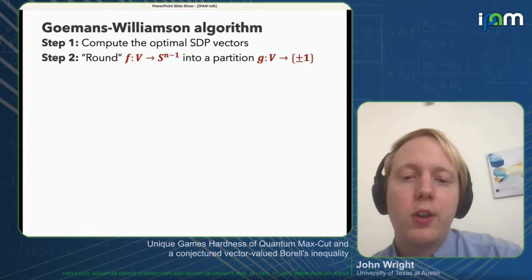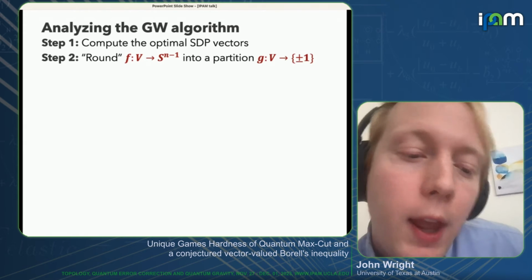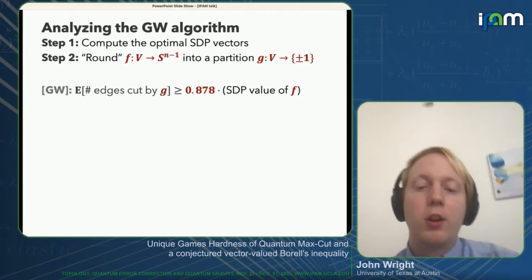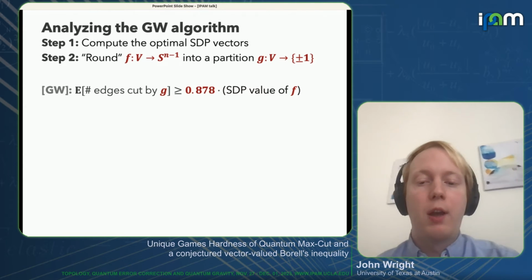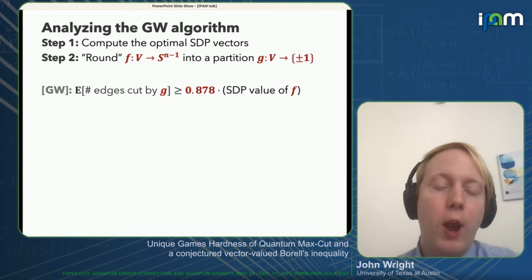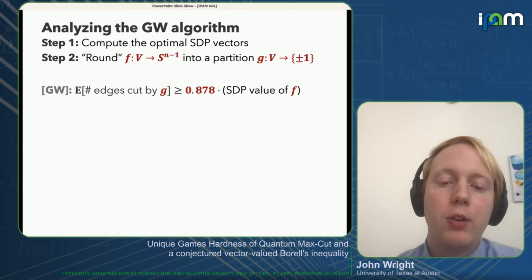Okay, so how do we analyze this to get this 0.878 approximation ratio? Well, what they actually showed was that the expected number of edges cut by the partition g is always at least 0.878 times the SDP value of f. So whatever value this vector solution gets, this rounding will output a partition that gets at least 0.878 times that value.